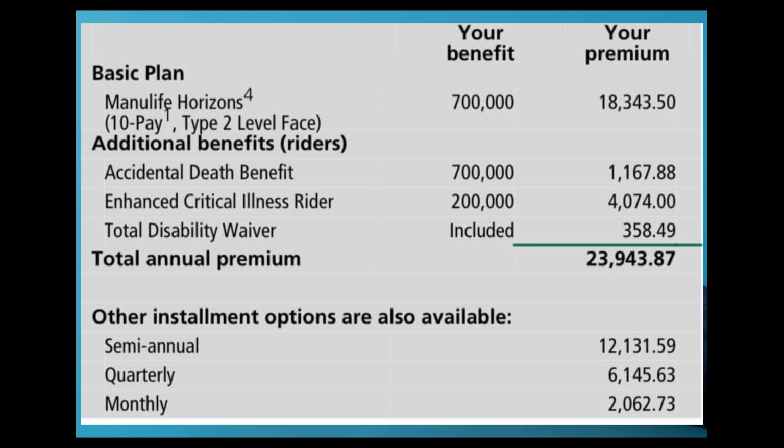The 358.49 is for the total disability waiver. So the total of the investment and the insurance coverage for a year is 23,943.87.